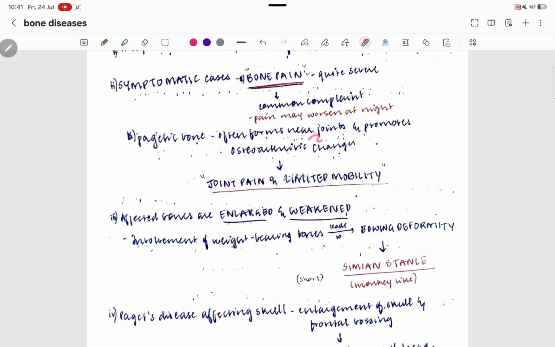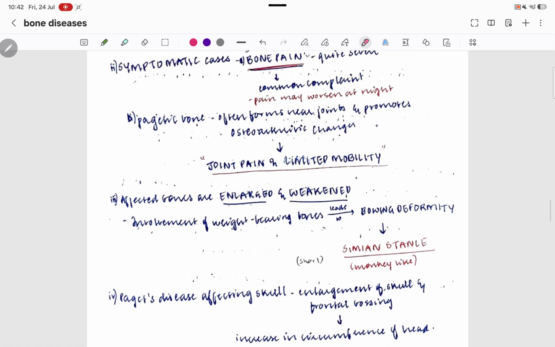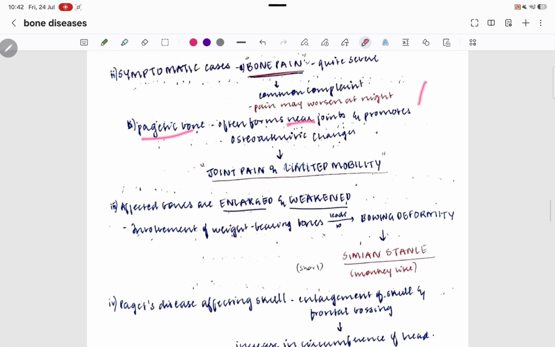Pagetic bone often forms near the joints and promotes osteoarthritic changes, causing joint pain and limited joint mobility.